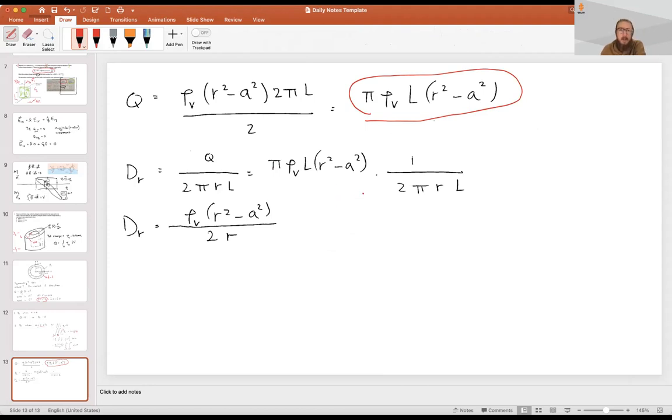Get to that expression for Q and then rearrange so that we can have this value of the electric flux density when we're in between A and B. Is this making sense so far? Yeah, it does. Helping you?